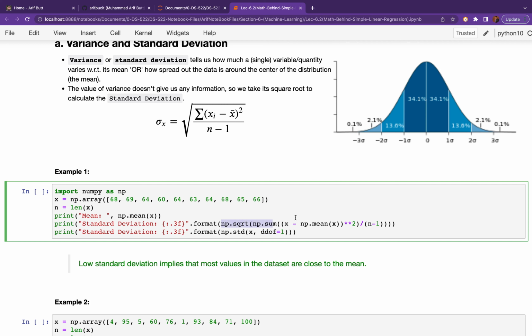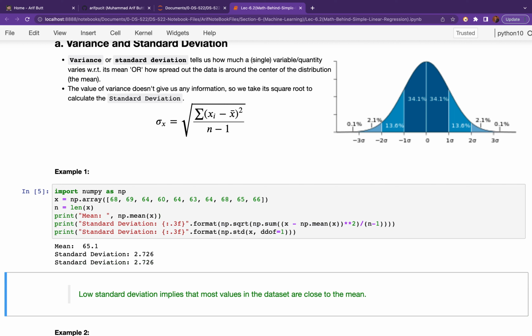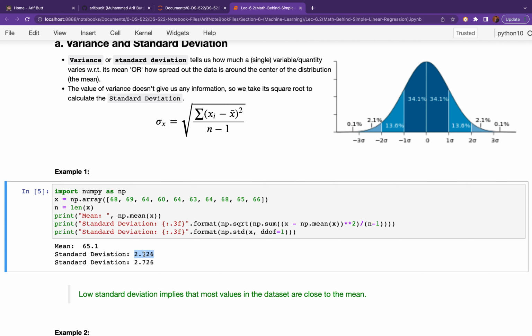When you are using the formulas on your own, be watchful of the precedence and put on brackets for the correct answer. Let's execute this code. Note that the standard deviation is low, that is 2.7, and this is because this data is not spread much and is quite close to the mean.